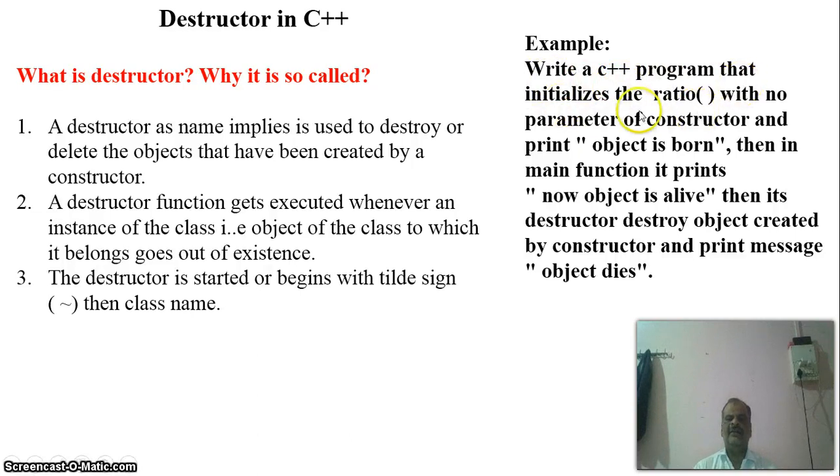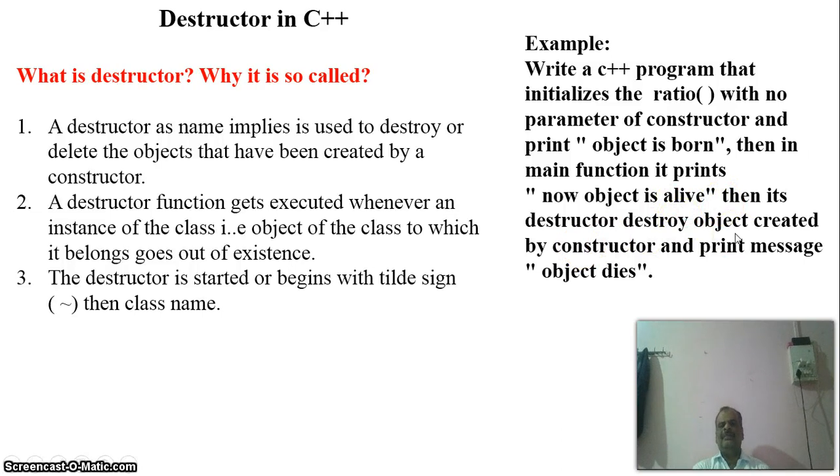The ratio class has a default constructor, that is, an empty constructor with no parameters. Whenever the constructor is initiated, it prints "object is born". Then in the main function, when it completes its task, it prints "now object is alive", and then the destructor destroys it.